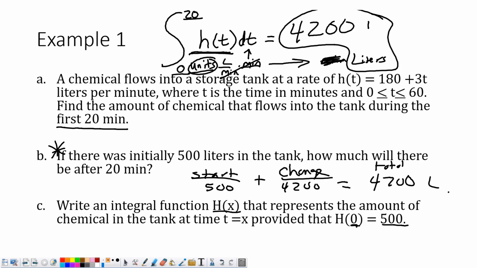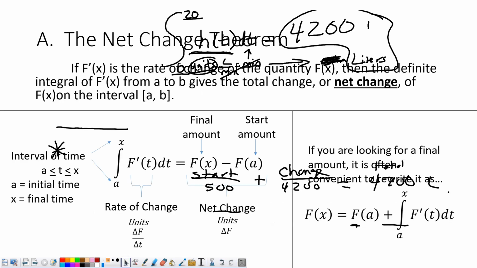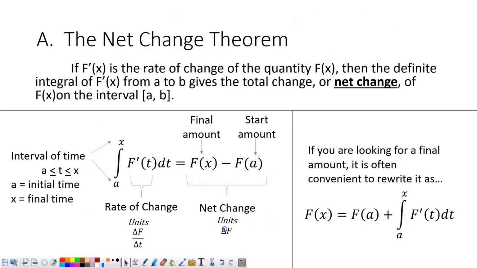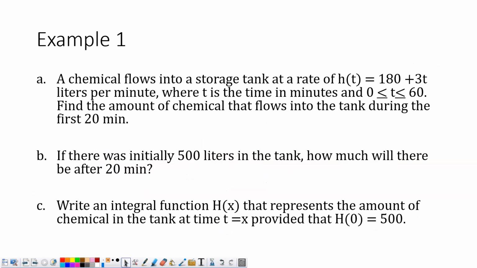So we want to write an integral function. And the one I'm going to go with is this one over here on the right. I want to set it up like that. So we're going to have h of x is equal to h of 0 plus my integral, right? So this is actually a pretty common question on the AP exam. They're going to want you to write functions. I'm going to do it up here, though, so you guys can see a little bit better.